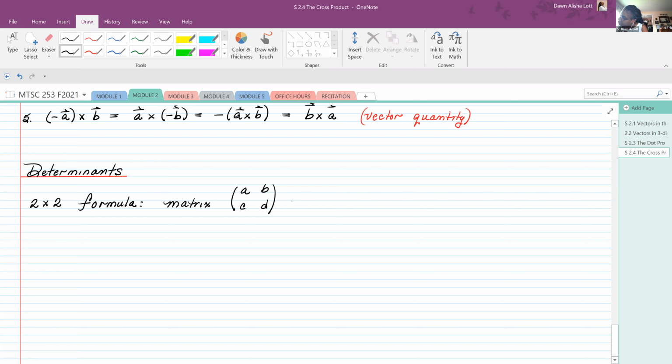Then let me call this matrix A. Then the determinant of the matrix A is written with straight lines. And it is A, B, C, D. That's the notation.